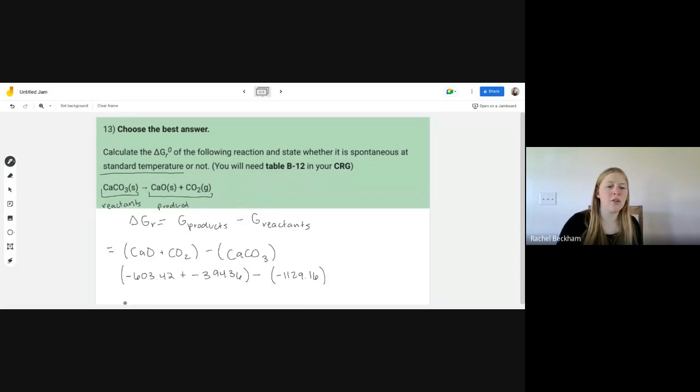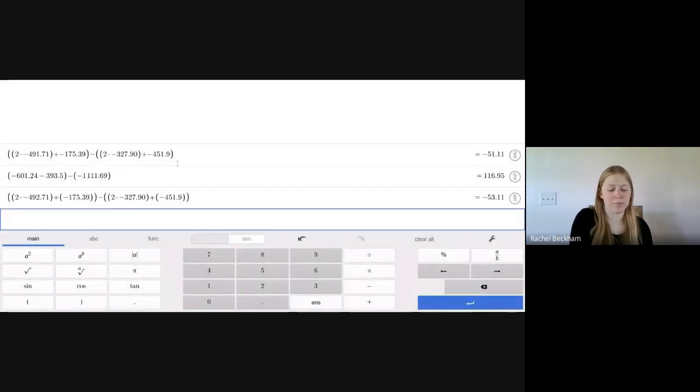Okay, now all we need to do is plug this into our Desmos calculator. Hopefully you're taking it with me. So write this down. Pause the video for a second and write it down, and then we'll put it in the calculator together on the Desmos scientific calculator. You can say plus negative like this. It's kind of weird to write it that way.